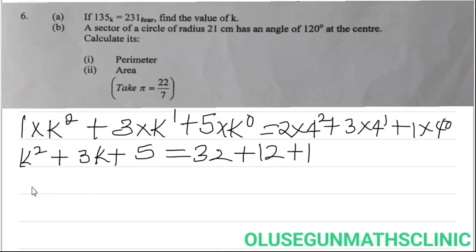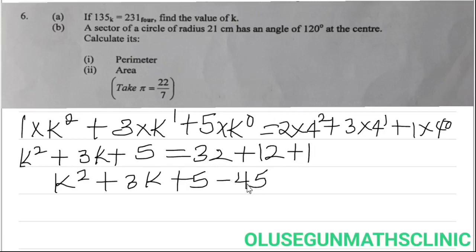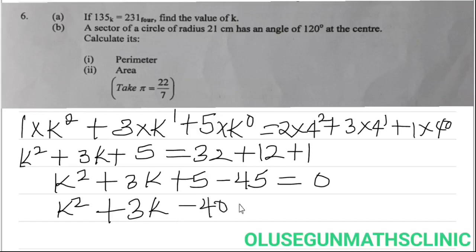Therefore, we have k squared plus 3k plus 5 is equal to 45. 45 minus 5 gives k squared plus 3k minus 40 is equal to 0.